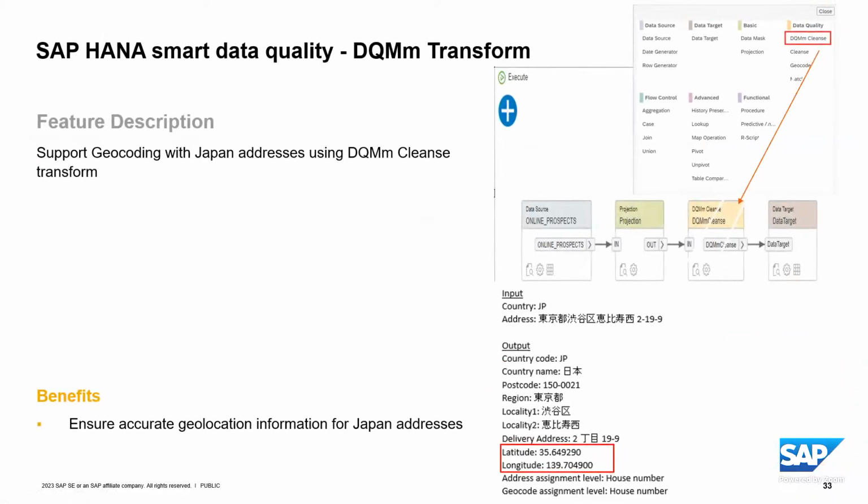The last one for SDQ, in Smart Data Quality for HANA Cloud as well as on-premise, we supported a new transform called the Data Quality Management Cleanse transform, DQMM transform. This was supported in SPS 6.